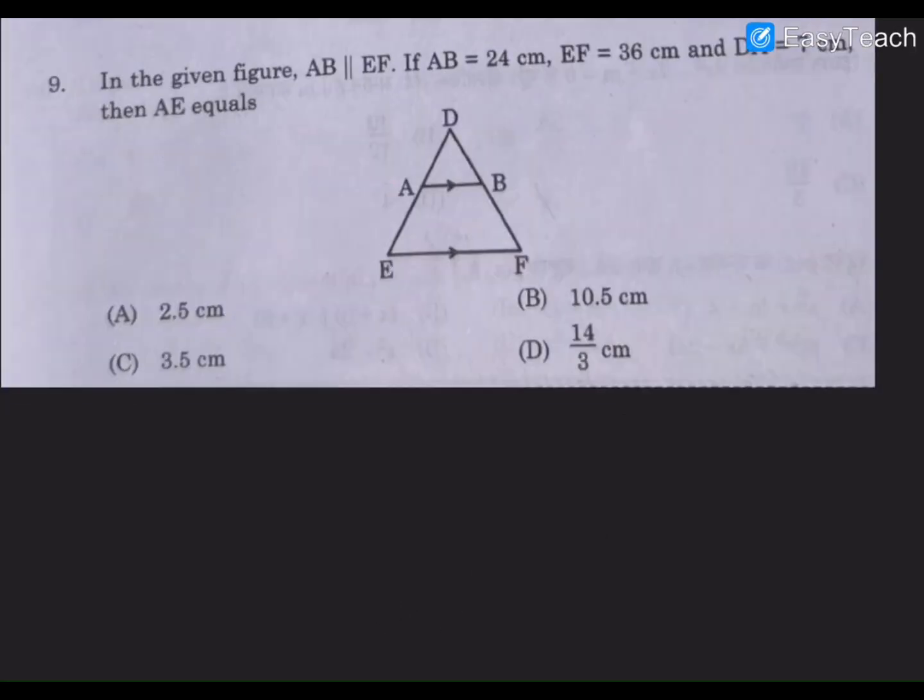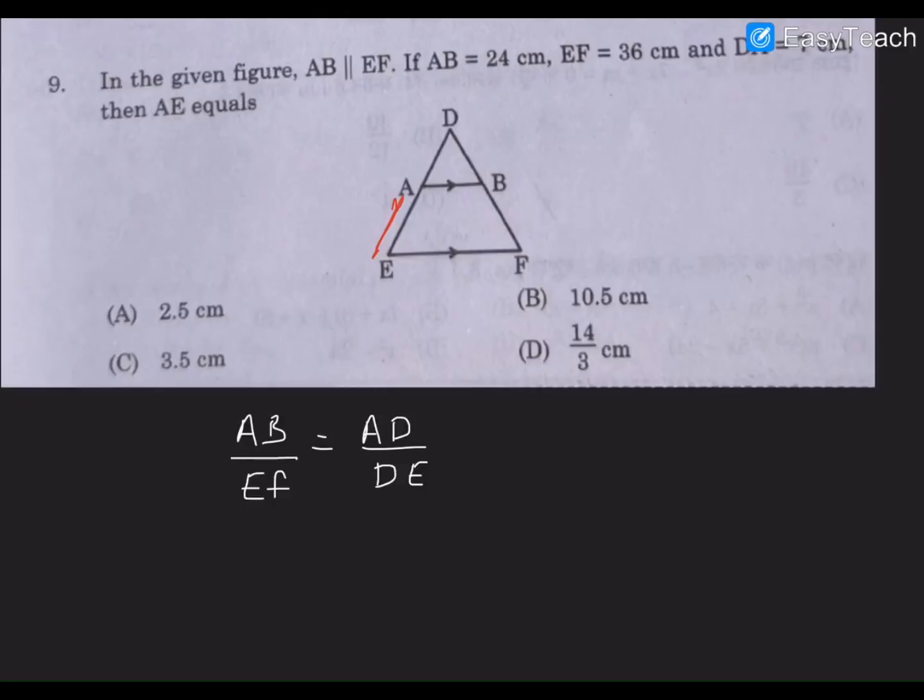So next question, in the ninth question, in the given figure, AB is parallel to EF and AB is given 24, EF is given 36 and AD is given 7 centimeter. You have to find AE, that means you have to find this distance. So we know AB by EF is equal to AD by DE. So we will calculate DE and subtract AD.